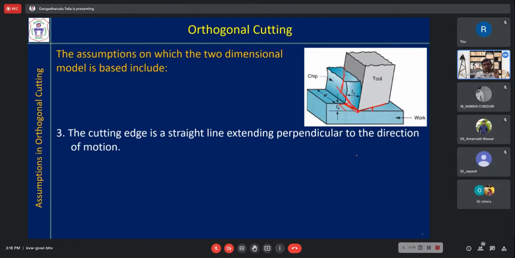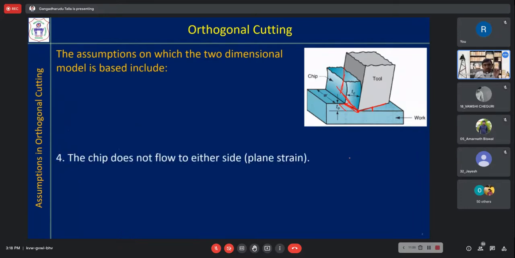So the cutting edge is perpendicular to the cutting velocity. Chip does not flow to either side. So the chip will flow along this rake face only. It will not move in this direction or in this direction. That means plane strain condition. Straining of the workpiece material is taking place in 2 dimensions only. It is not moving in the other direction.